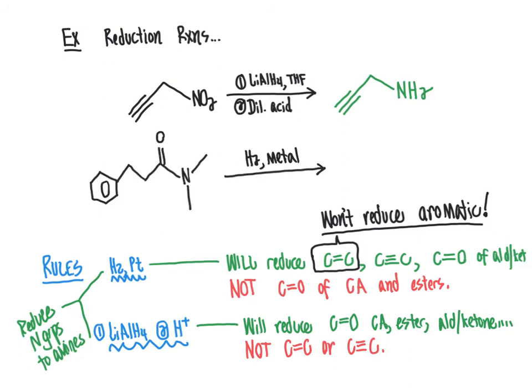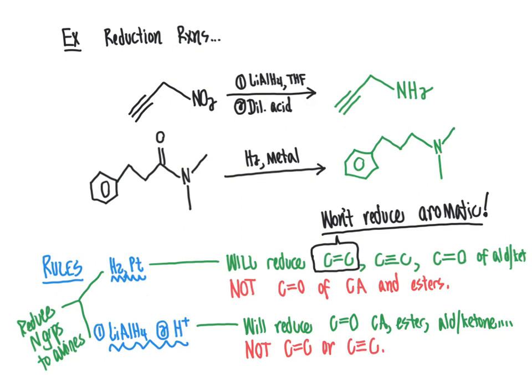The result of this reaction with H2 and metal catalyst, or the result of reacting with lithium aluminum hydride and dilute acid, is the same: the carbonyl group becomes reduced ultimately all the way down to a CH2 group, and the nitrogen is hence part of an amine group. And so we just redraw all of the molecule, except that we will replace the carbonyl group with a CH2 group, like so.